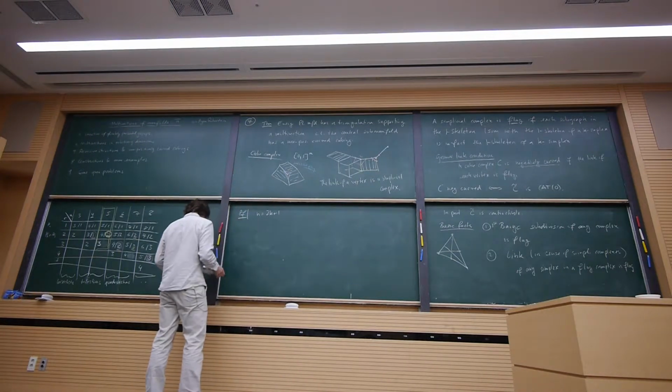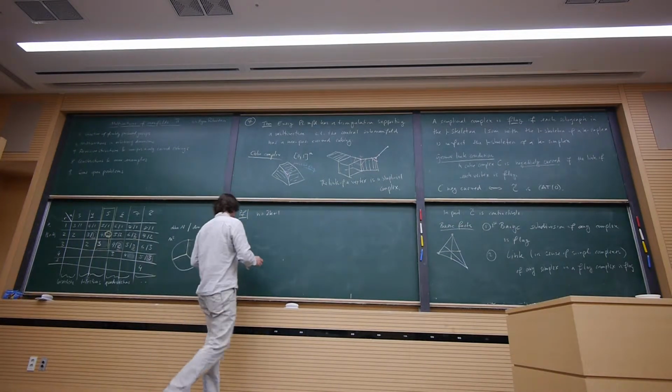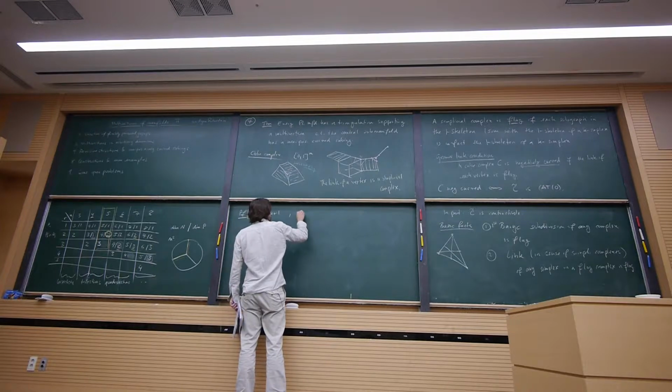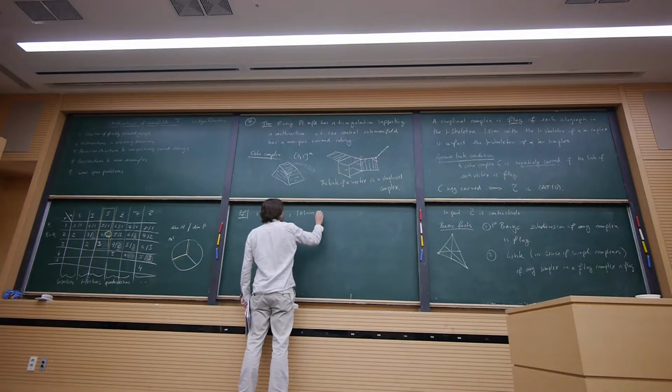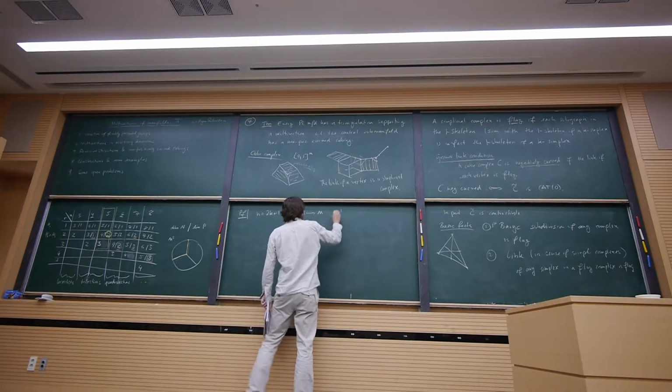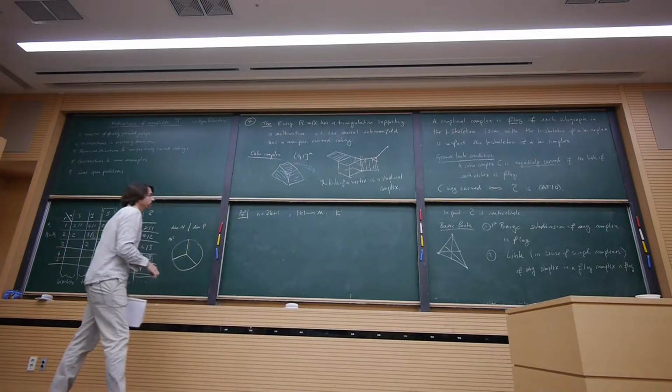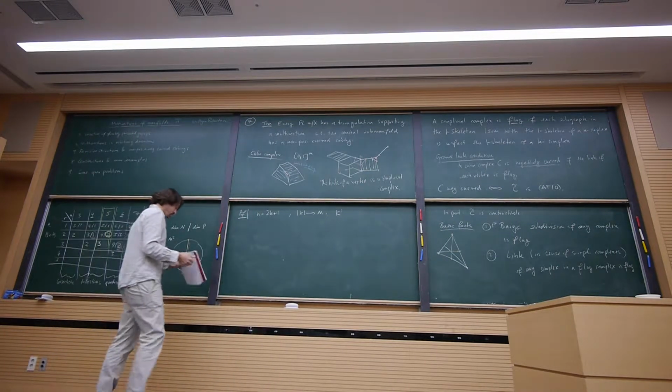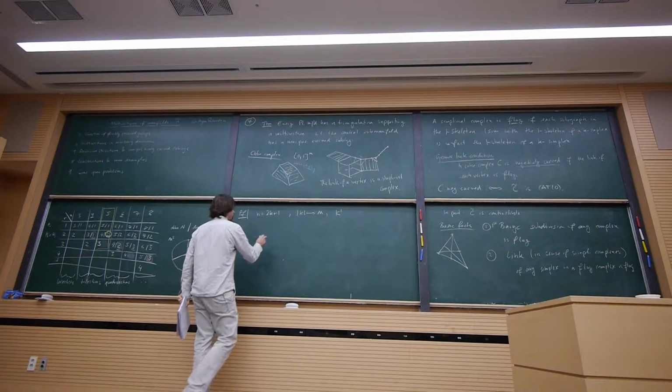Okay. So just as in the existence proof, we start with any triangulation and we take the first barycentric subdivision, and it gives us our map to the simplex.